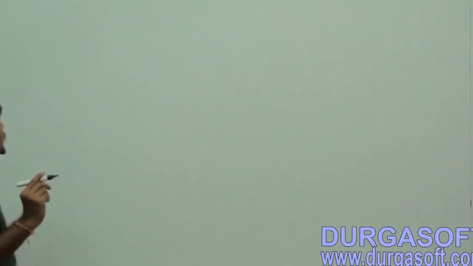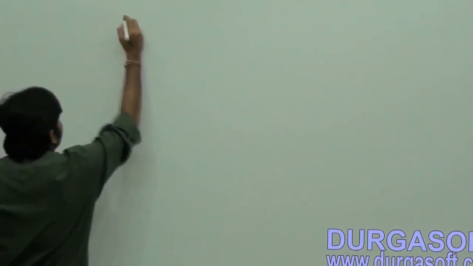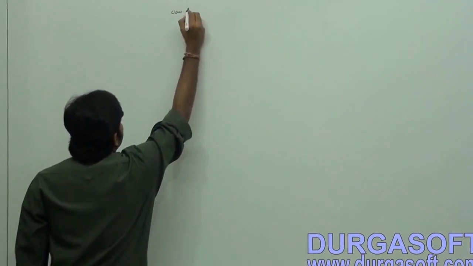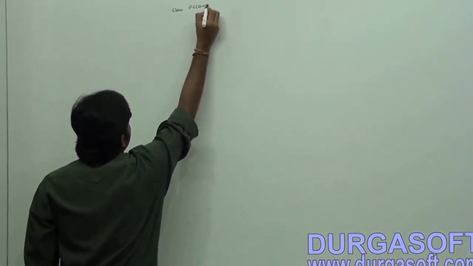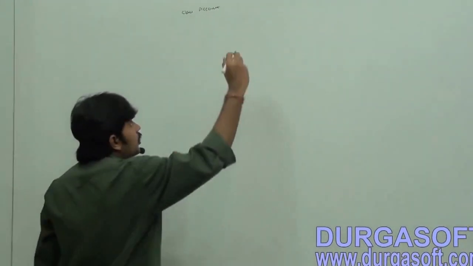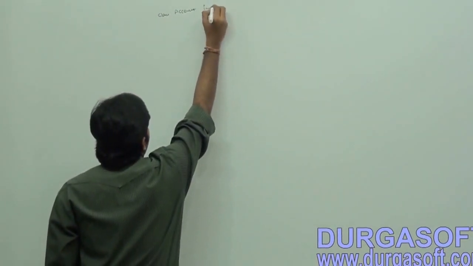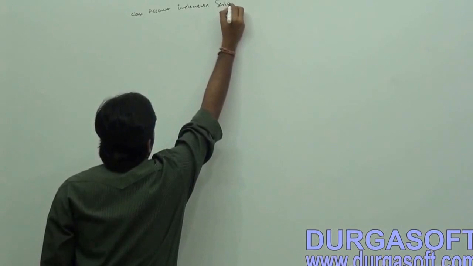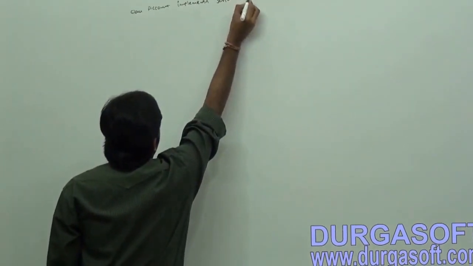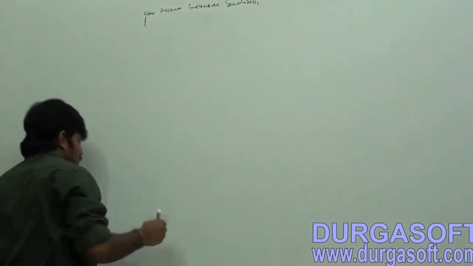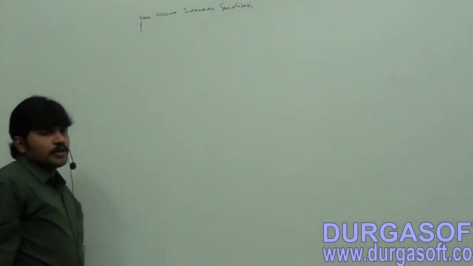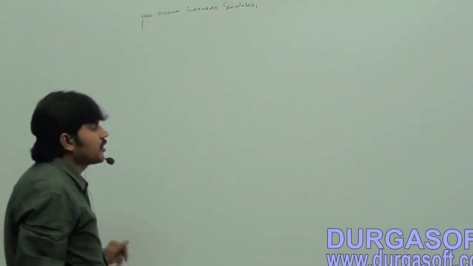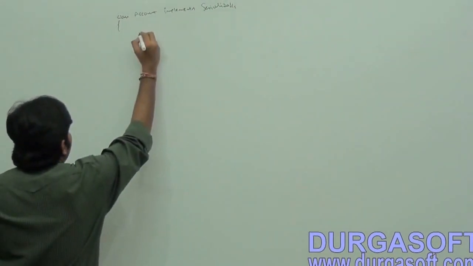Here I am taking just class Account implements Serializable. Can you tell how many fields or attributes are there here? Two.